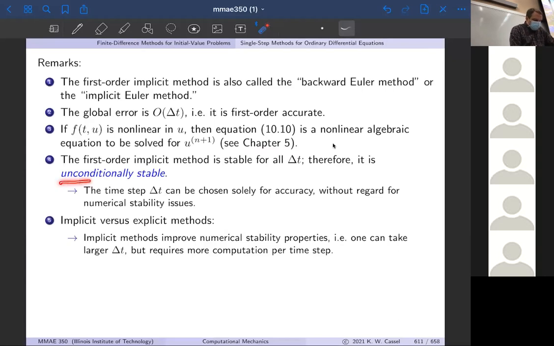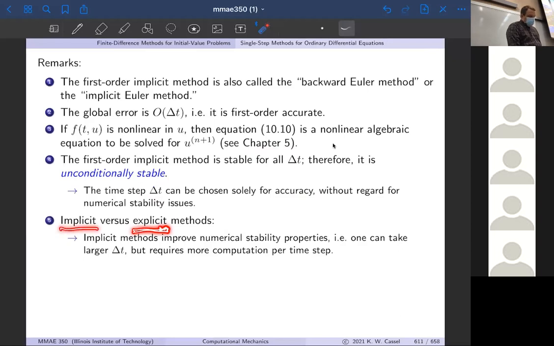Again, we've talked about the unconditional stability of this approach. So again, I can choose any delta t I want. As far as numerical stability, I only have to be concerned with accuracy. So this is a general result. I've only looked at one particular equation, but this is generally true for other equations as well. That is that explicit methods are simple to implement, even if the f is nonlinear, however, they have stability problems.